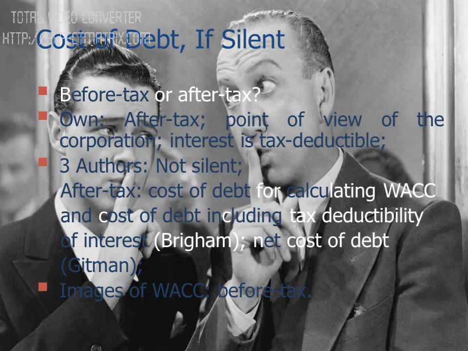And also with my good friend, probably the most famous local author, Sir Bagayaw, we had a discussion before on this one, and we have different points of view. For him, it's before tax. That's why in the previous year, I think last year, we decided that for exam purposes, we will not be silent on the cost of debt. It should be explicitly stated. Okay?